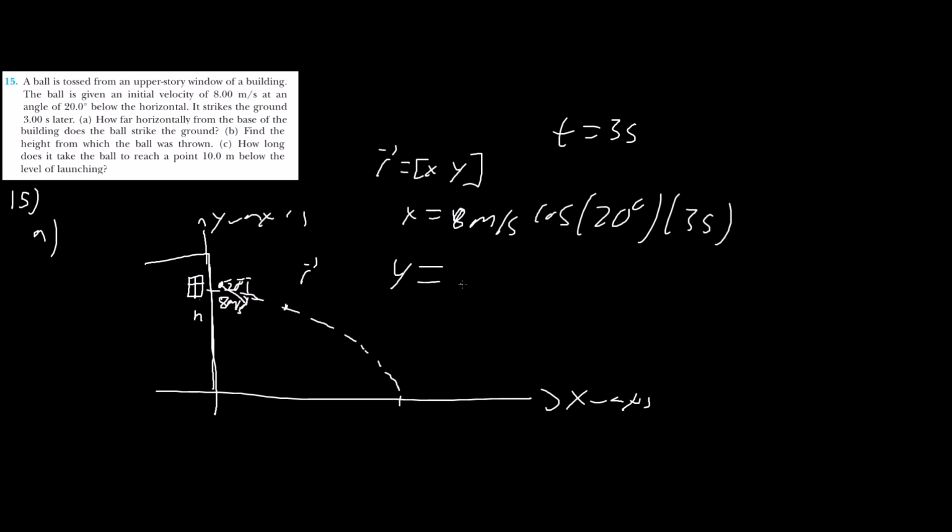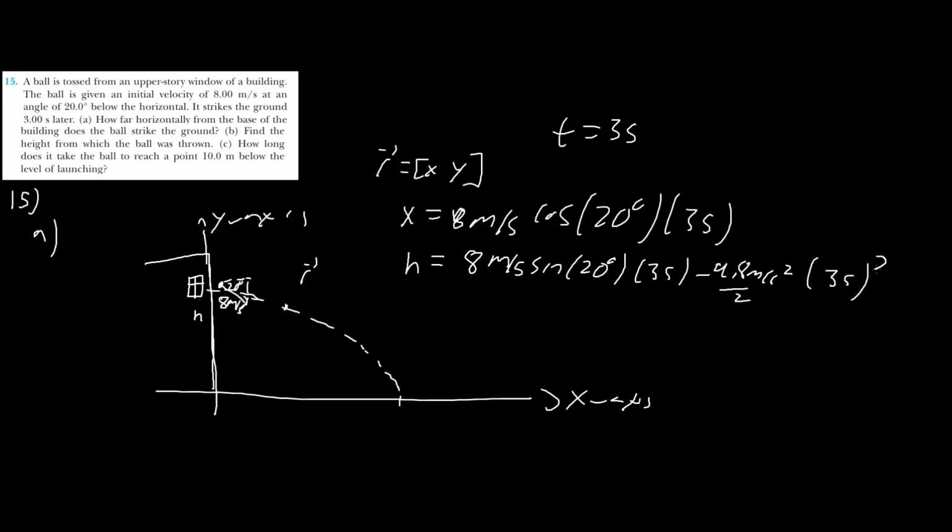And y, which is going to be 0, is going to be some initial height, and I'm going to call it down positive: 8 meters per second times sine of 20 degrees times 3 seconds minus 9.8 meters per second squared divided by 2, which is 4.9, times 3 seconds squared.